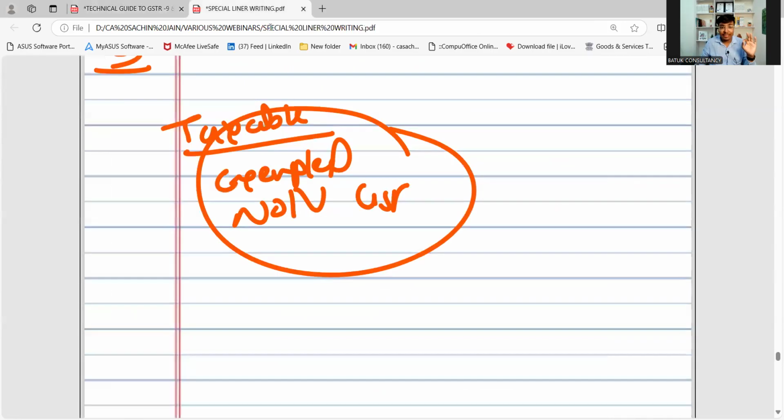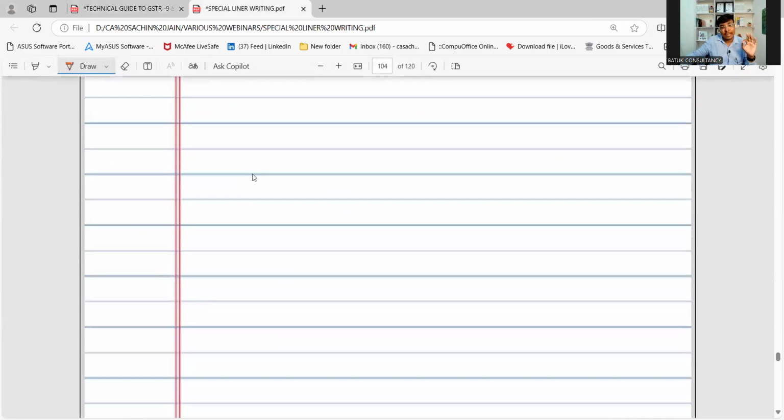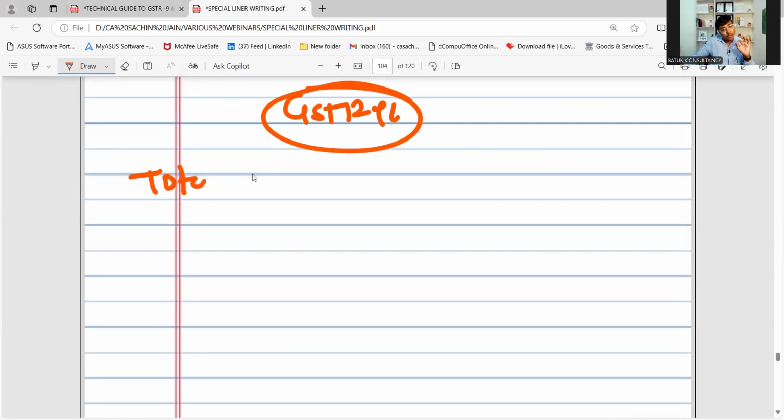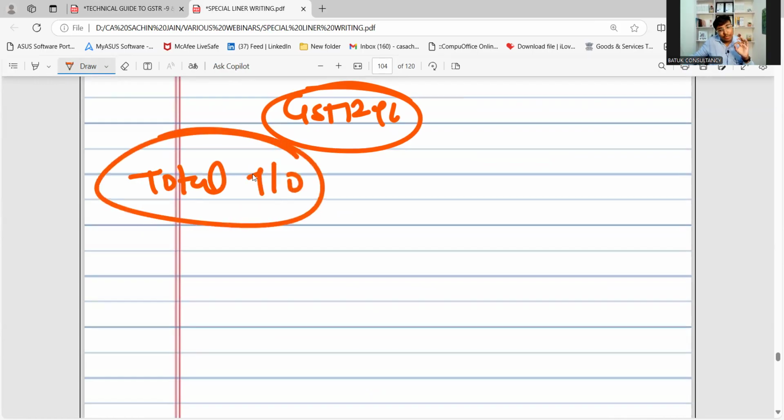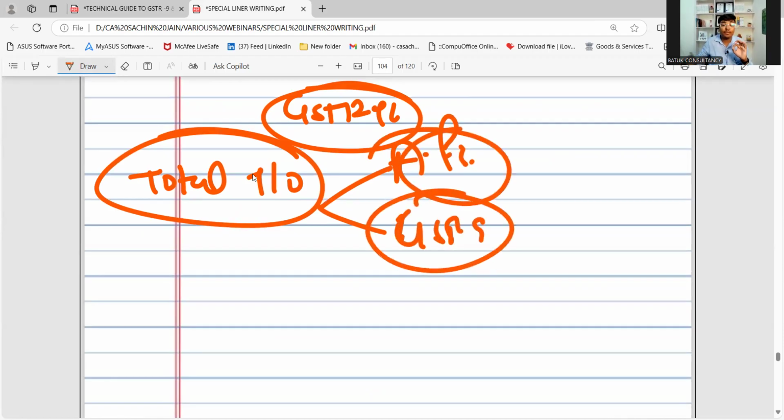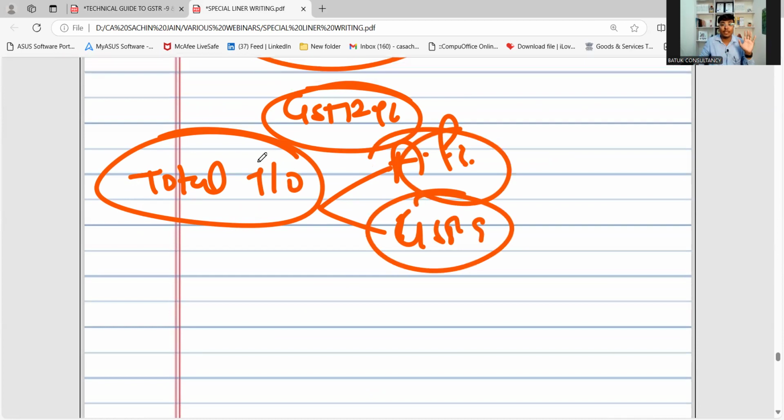So conclusively, we can say in form GSTR-9C, first we need to reconcile the total turnover, and total turnover is reconciled from the audited financial statement and the GSTR-9. Then we need to reconcile the taxable turnover.